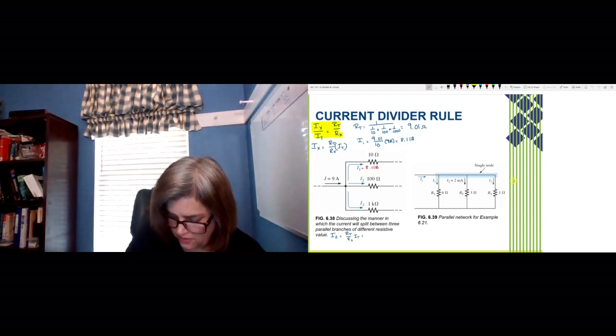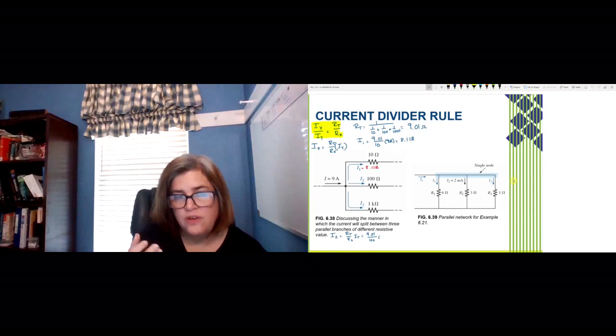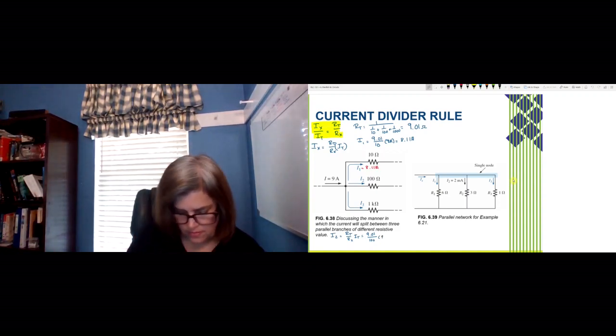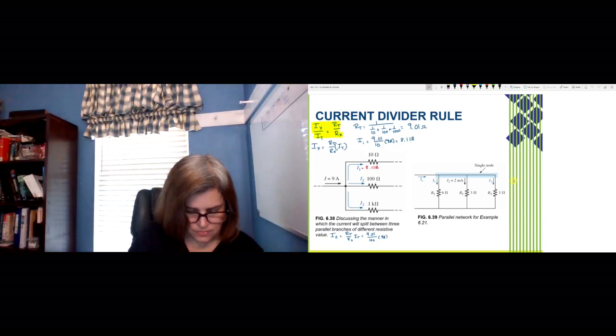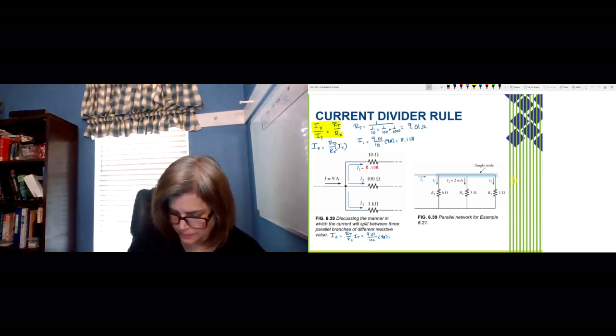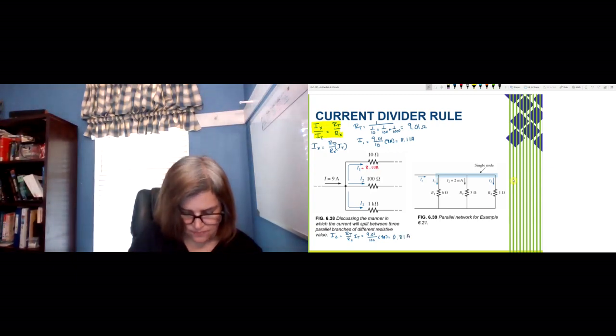So I2 should be RT over R2 times that total current coming in. So we've got 9.01, that's RT, over 100. So basically 9/100ths of the current should be going through there, or about 0.81 amps there.